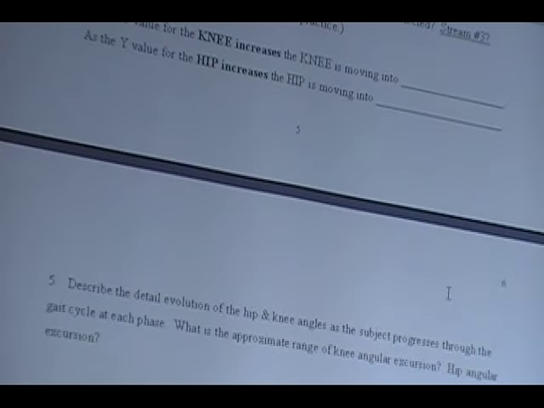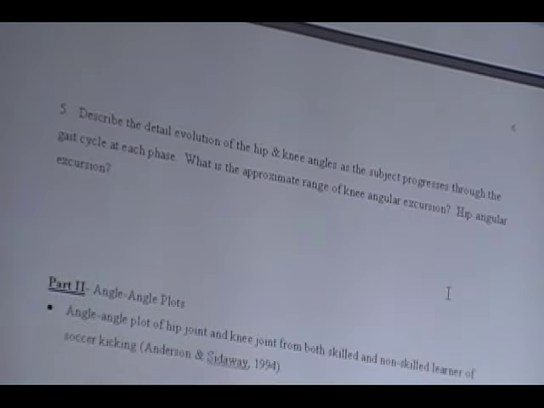Okay? Now, number 5 is to describe the detailed evolution of hip and knee angles as the subject progresses through the gait cycle at each phase. And what is the approximate range of knee angular excursion and hip angular excursion?